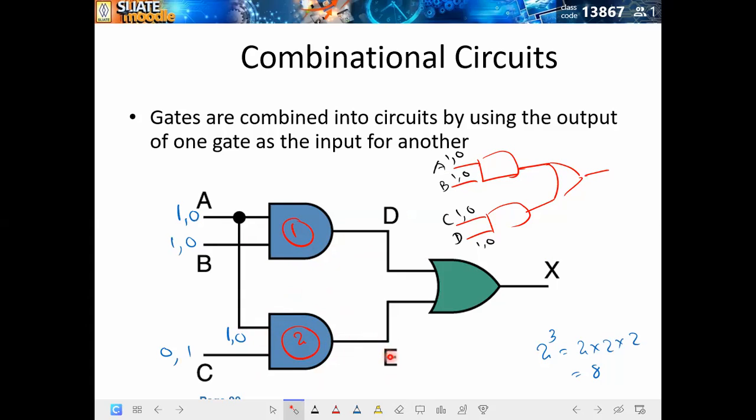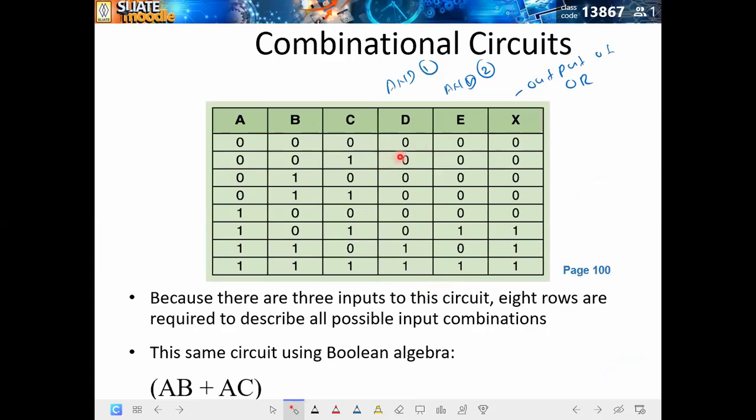So for the output E, right, output E depends on the inputs A and C. Now let's see E. What is related to A? A and C. When A is 0 and C is 0, the output of AND gate 2, that means E, is 0, right? E becomes 1 only when both A and C are true. Then we have to find that condition.